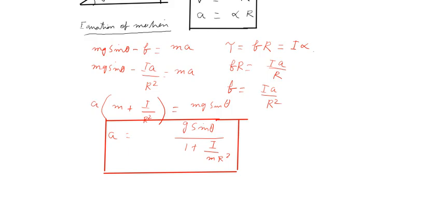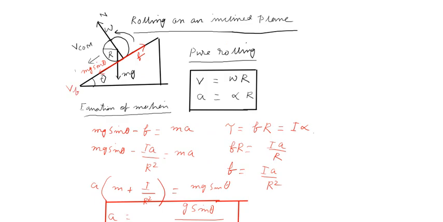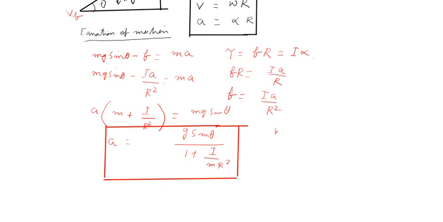Now what about the velocity of the body when it reaches the bottom part, that is here? When it reaches here, what will be the velocity? Let that velocity be vf. To find out vf, we just need to apply the equation v square is equal to u square plus 2as.